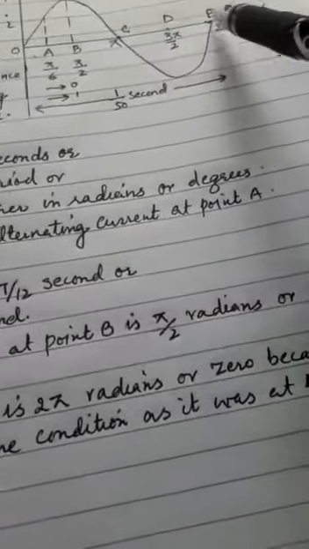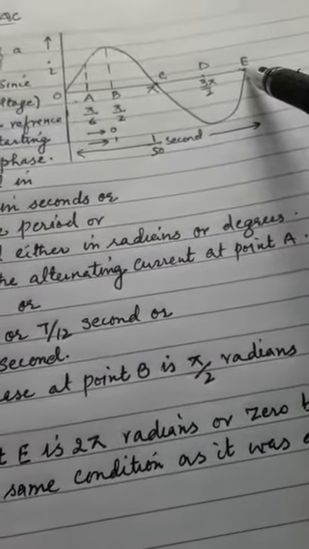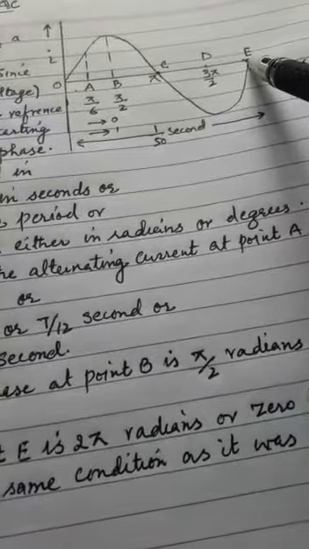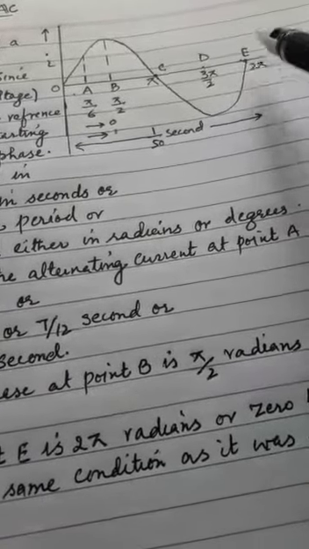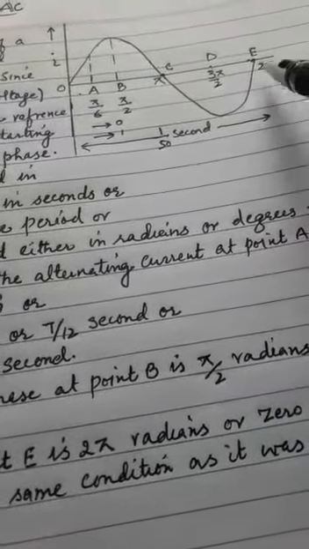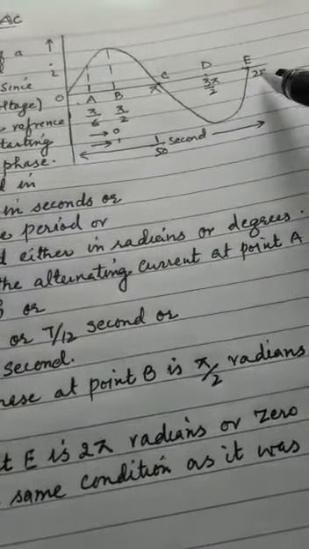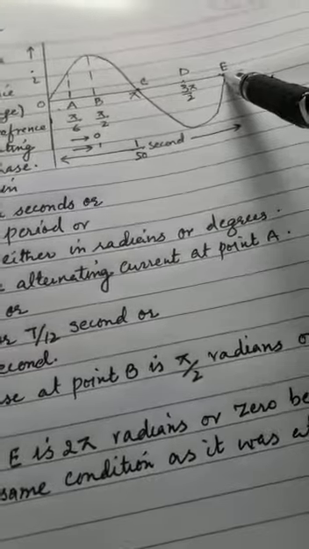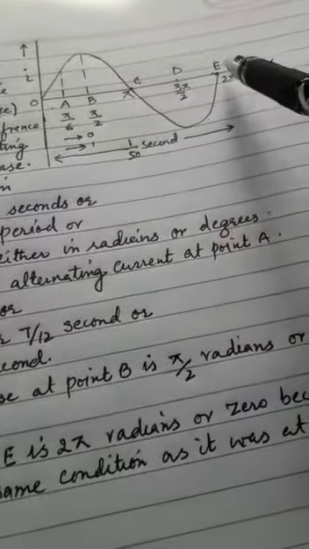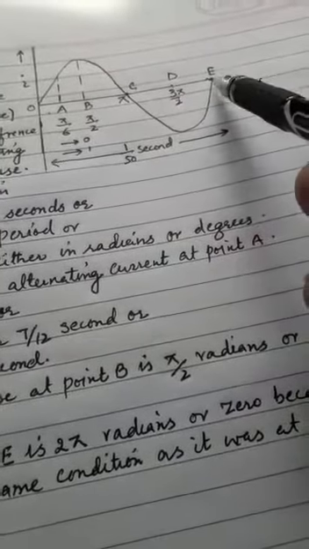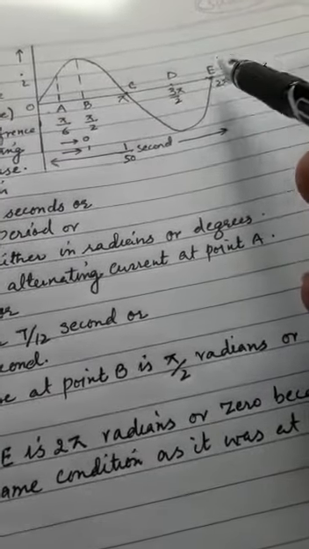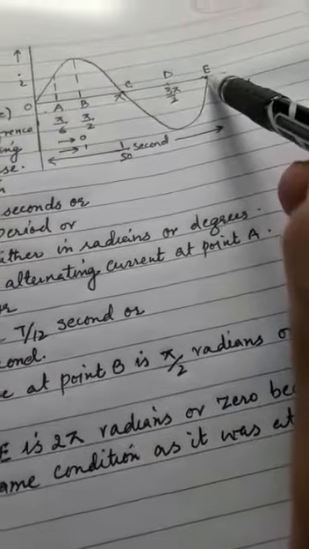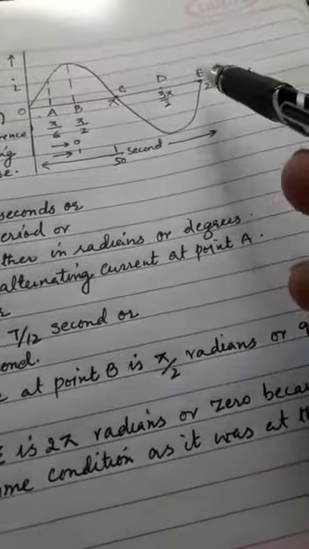Similarly, when the cycle completes its rotation, here it is 2 pi, 2 into 180 will be 360, the angle it completes here. The cycle completes its movement up to here, that's equal to 360 degrees, and the time taken will be 0. Why is it 0?